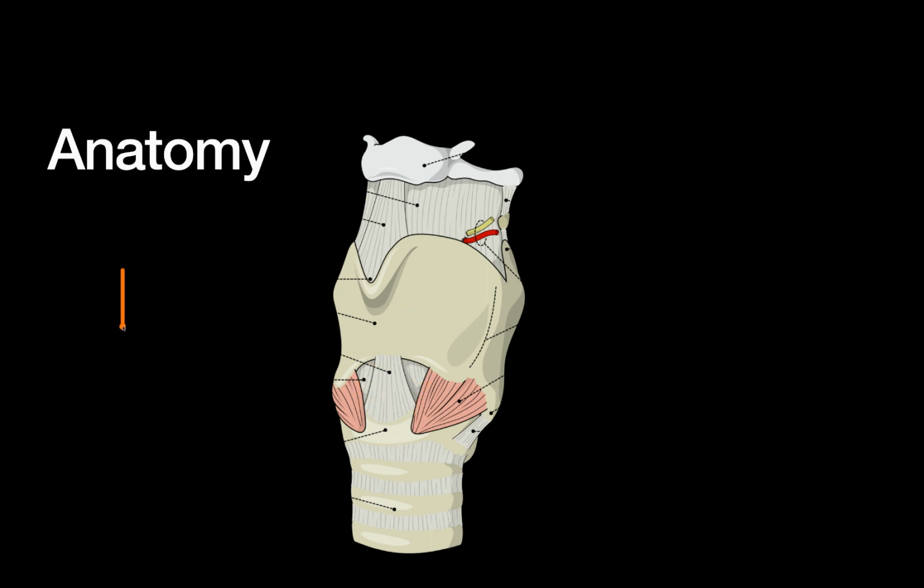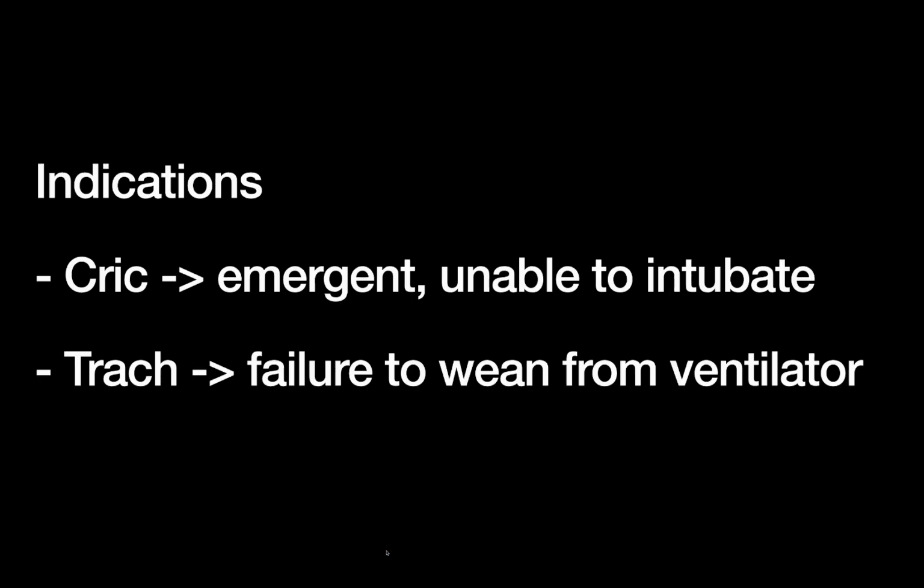A trach, on the other hand, is down in the tracheal rings. Typically, tracheal rings 2 through 4 is about the level you're shooting for. Remember, if this was 1, 2, 3, you'd be shooting for somewhere in this range, so a bit lower in the neck is the typical spot for a tracheostomy.